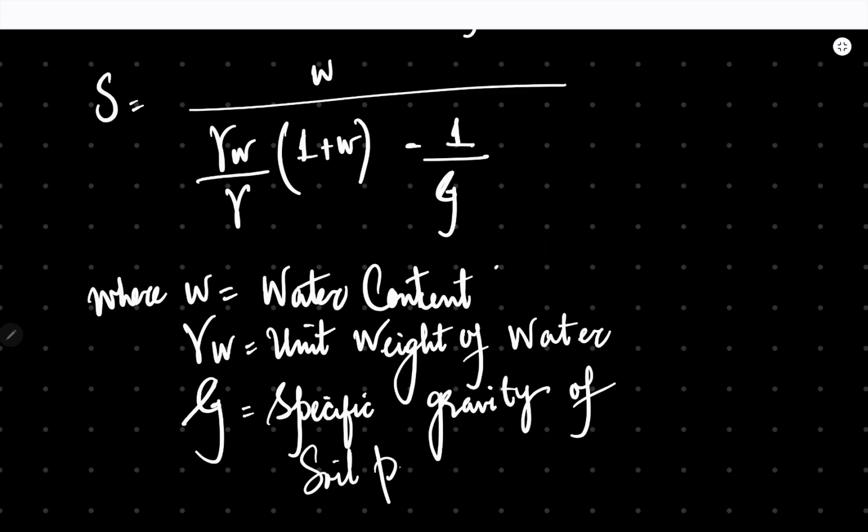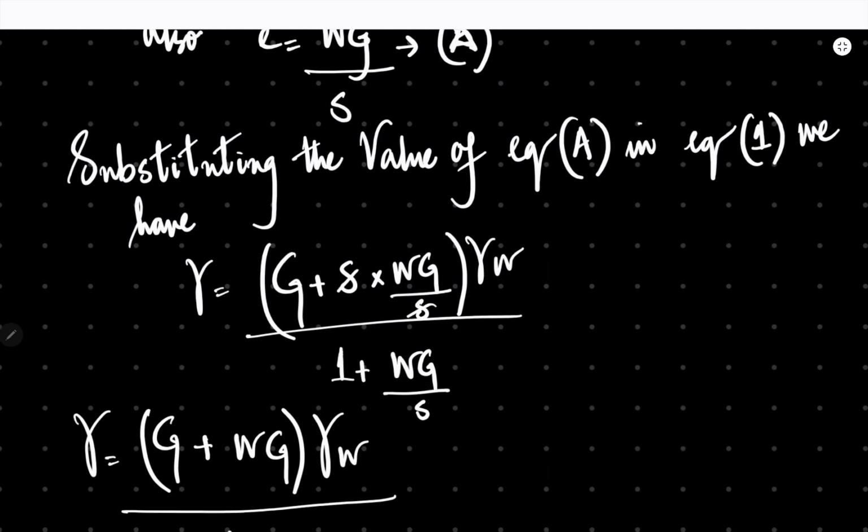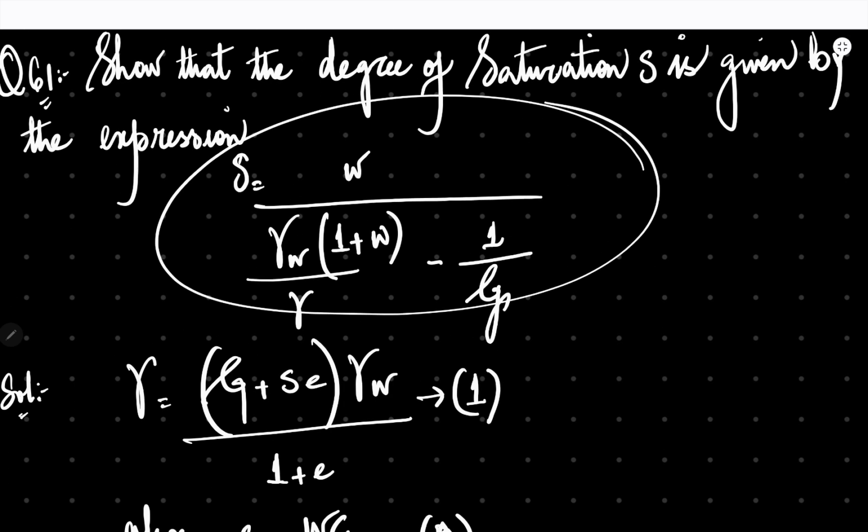This is the specific gravity of soil particles, and we have proved this expression that S is equal to this. Alright, so with this we conclude this video lecture. I hope it was useful and I hope you enjoyed watching this. Thank you once again.